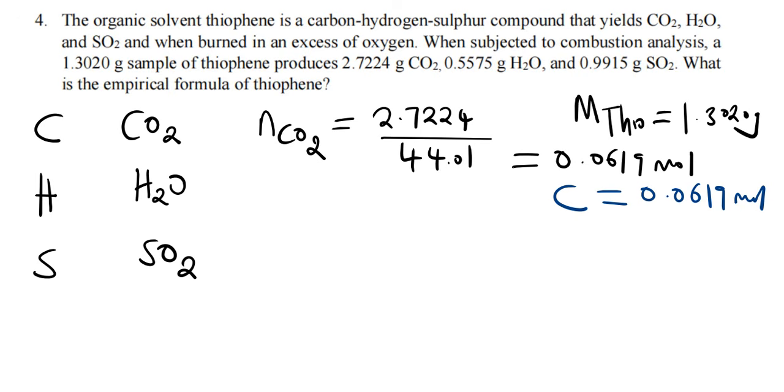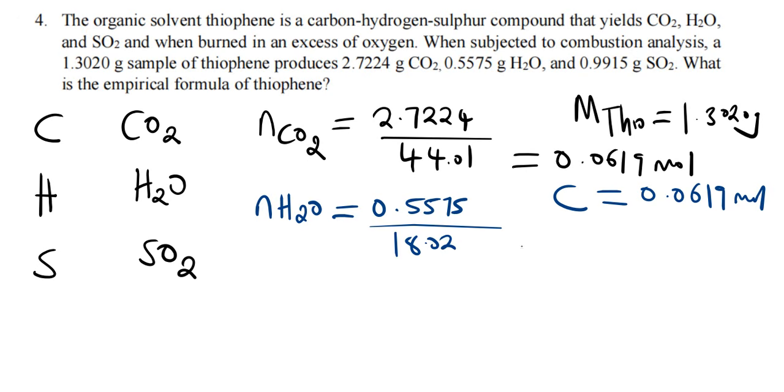Then we come to hydrogen. What is the number of moles of water? What we have been given as the mass is 0.5575. We're dividing by the molar mass for water, which is around 18.02.